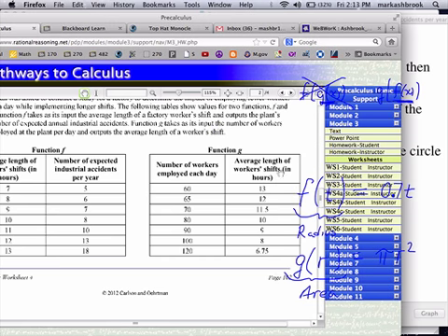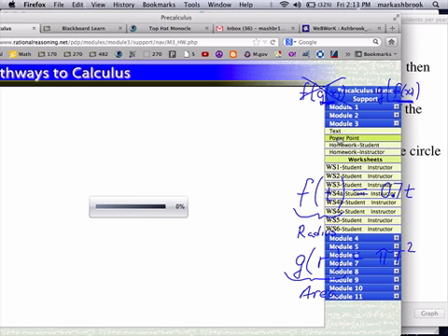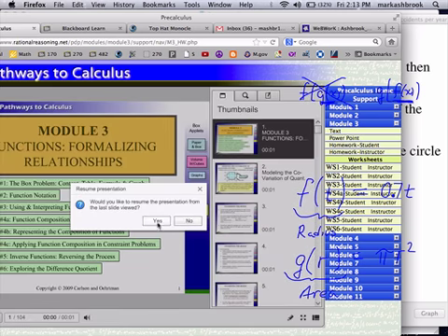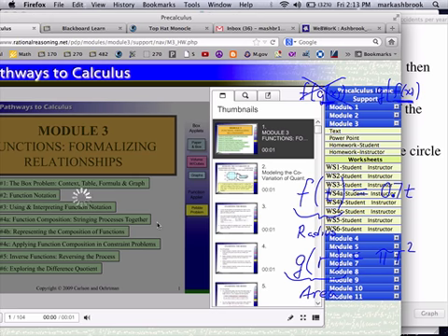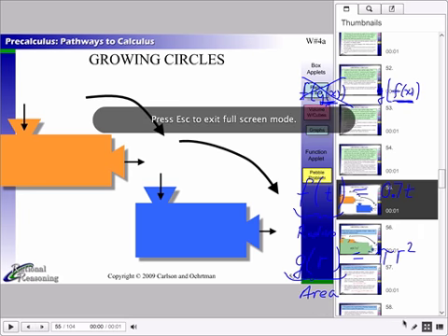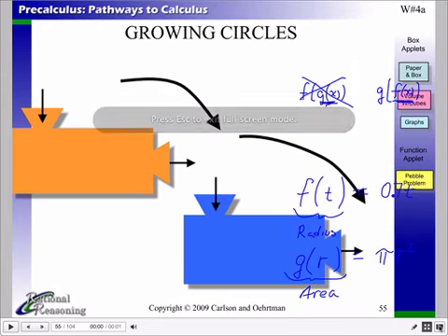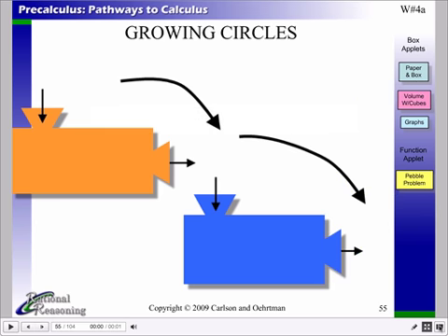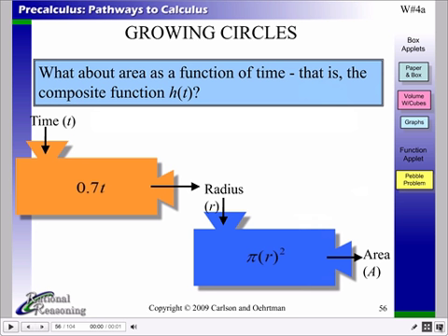Okay, so we got our two rules, 0.7t and pi r squared. So here's the idea. You said we could do which one first? F first?